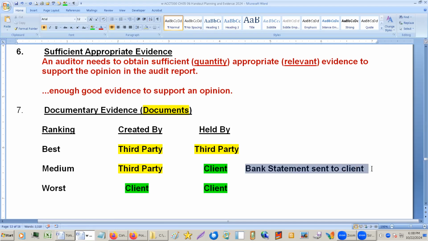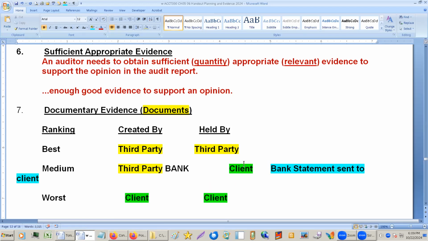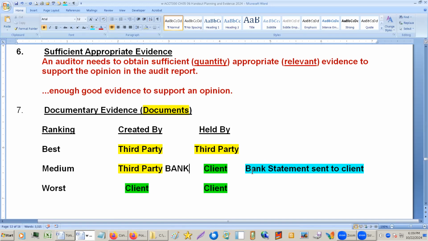The third party would send it to the client. So a bank statement sent to the client would be medium evidence. The third party is the bank in this case, and the bank sent the client the bank statement.